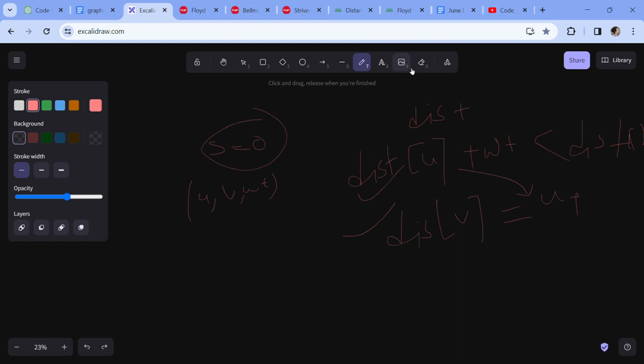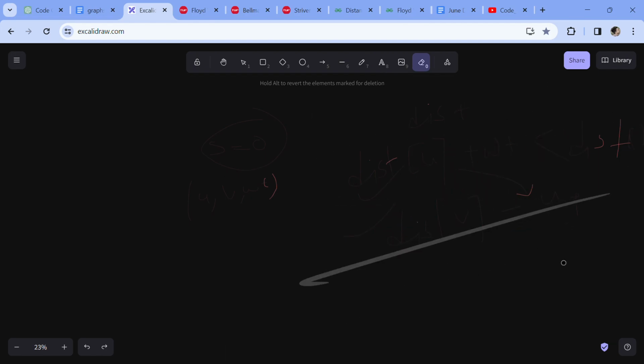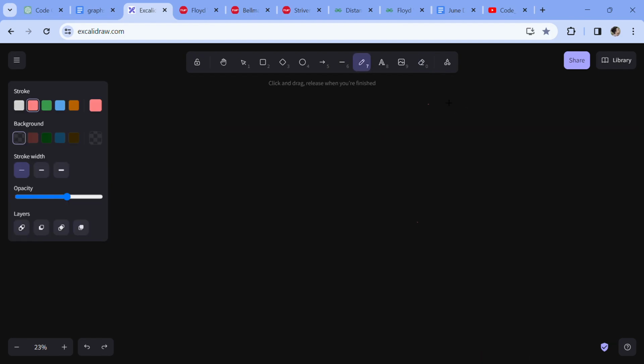So simply what we will do, let me erase this written stuff. We will maintain a distance array that will contain our minimum distance from the source node to every node, and we know that the distance from the source node to the source node will be 0.